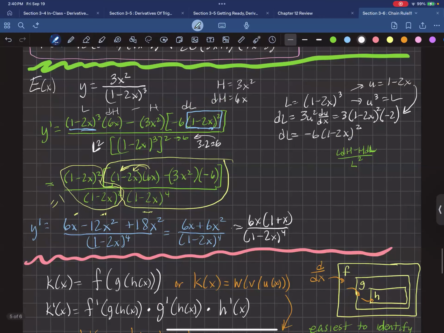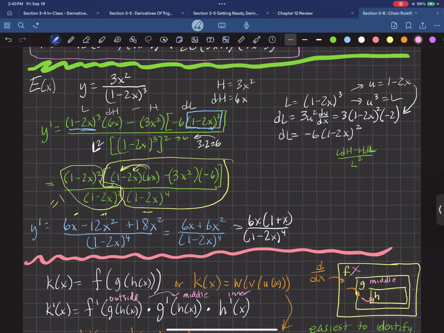So this was the outside one. And then once I've taken care of the outside one, I move inward. I've got the middle one here. That's my middle. And I took the derivative there, and then I go in again, and I got the inner one here. That does not look like the word middle. There we go.